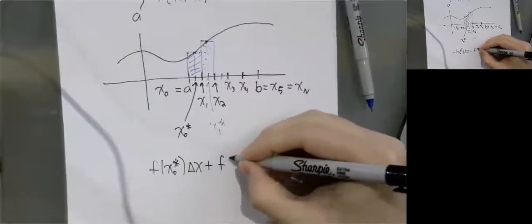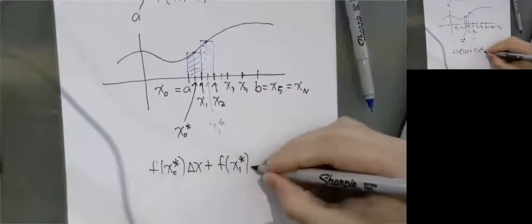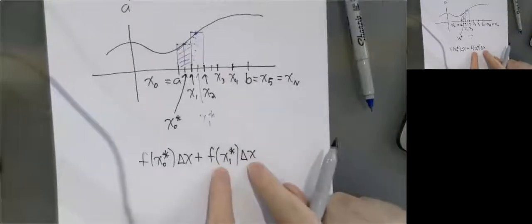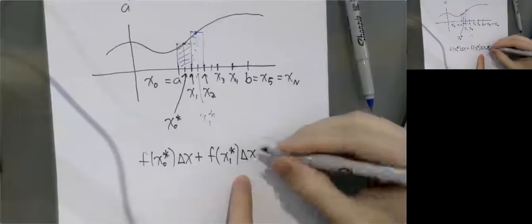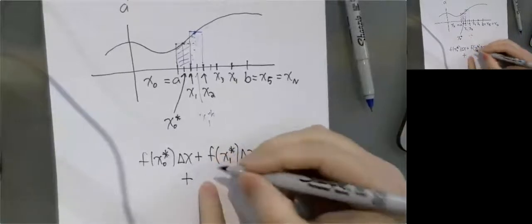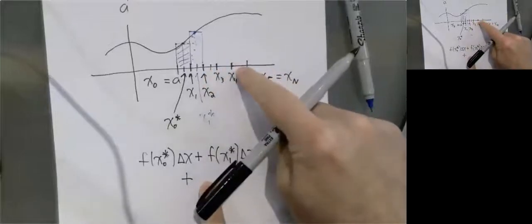The height is now f of x1 star, and the base is delta x. So here we have the contribution of the second subinterval. And then we do the same thing for the third subinterval and the fourth subinterval, and then finally the fifth subinterval.